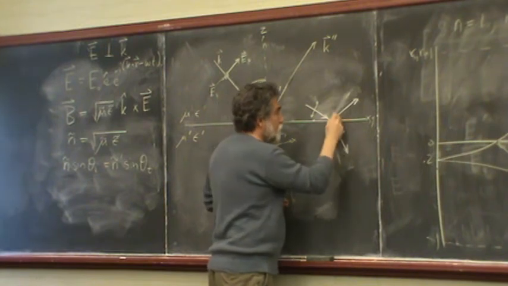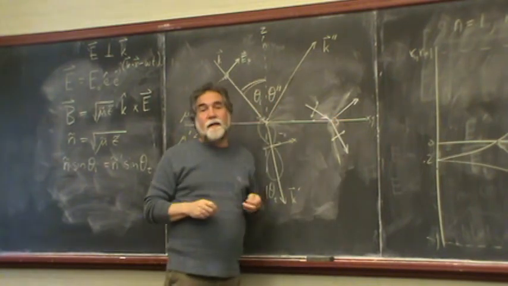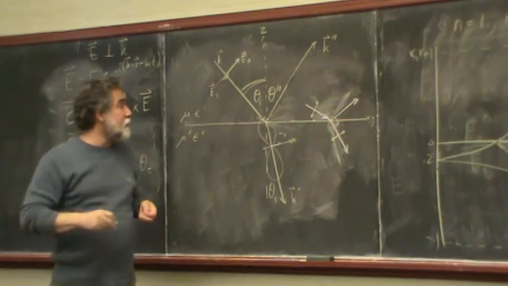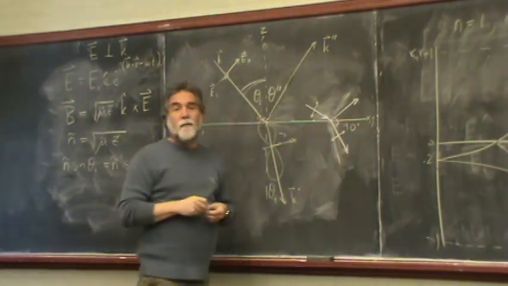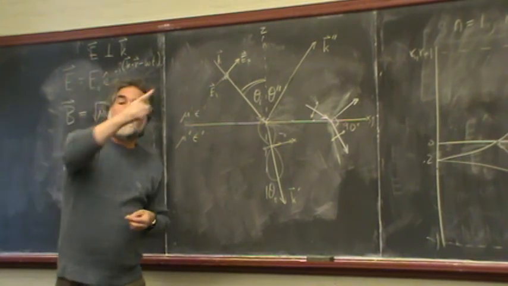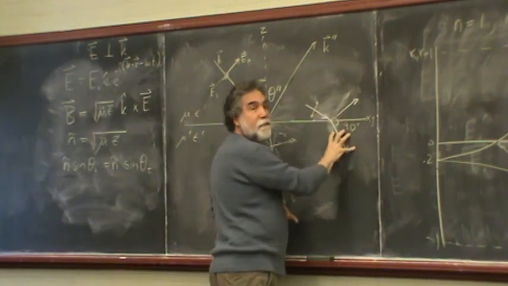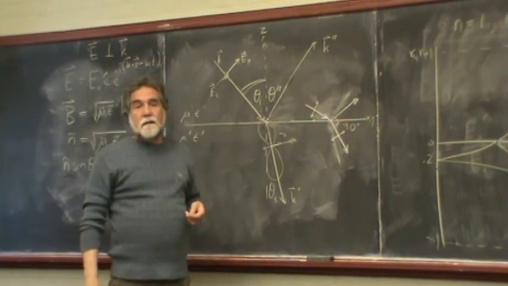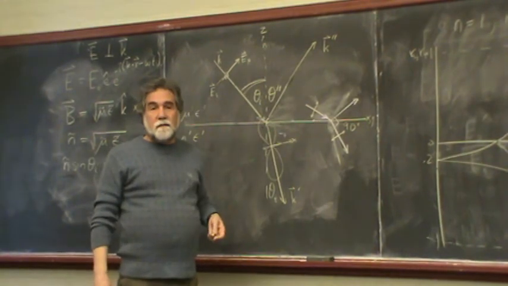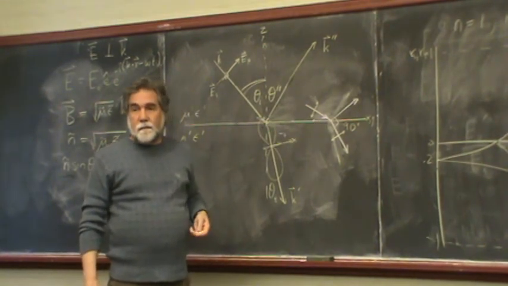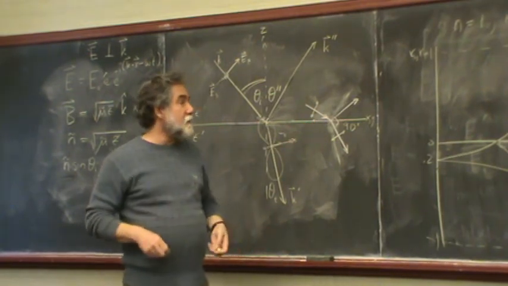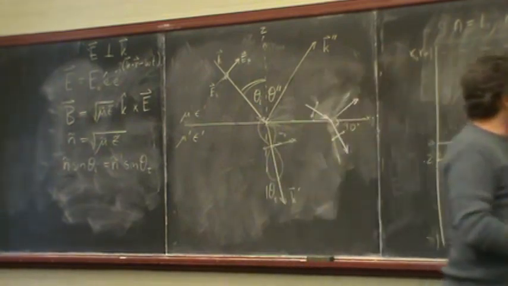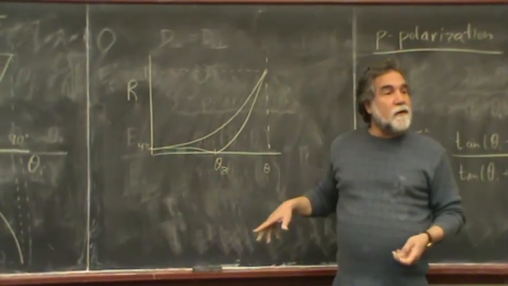When the angle between the reflected wave and the transmitted wave is 90 degrees, there's no radiated wave from the material. That's the Brewster angle. So that's another way of remembering what the Brewster angle for a material is. This can be very useful.